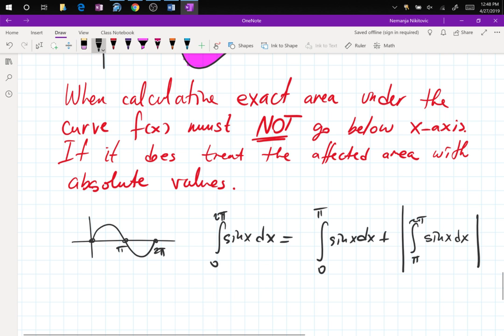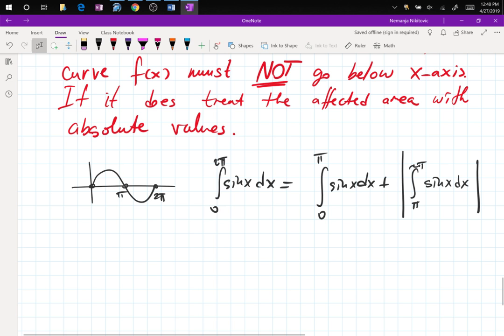Because that's the part which will give me the negative, which would cancel the other one, and that's why they're 0.